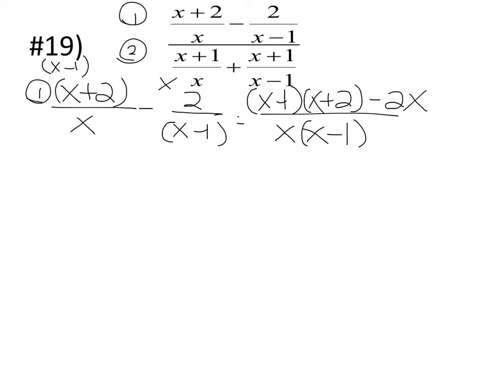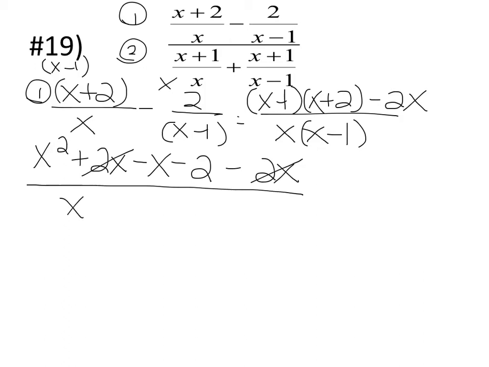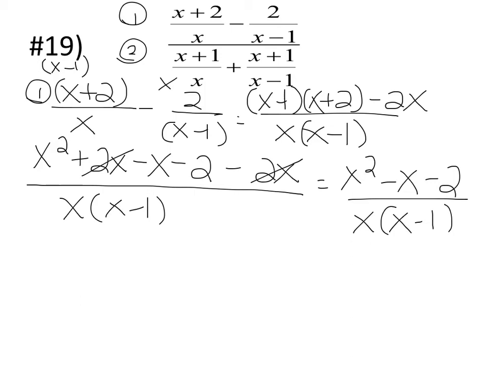So I'm going to multiply those out, and I get x squared plus 2x minus x minus 2 minus 2x. So notice this 2x and this 2x cancel. And remember, this is all over x times x minus 1. So this becomes x squared minus x minus 2 over x times x minus 1.